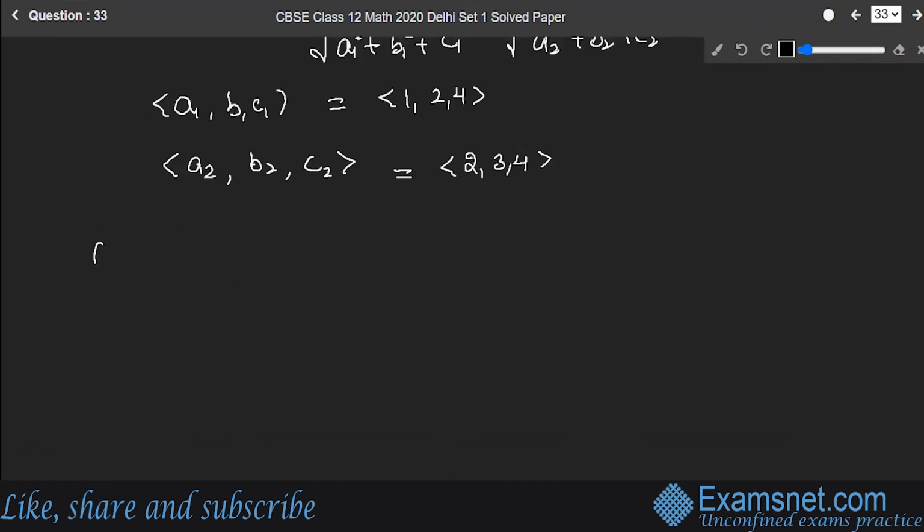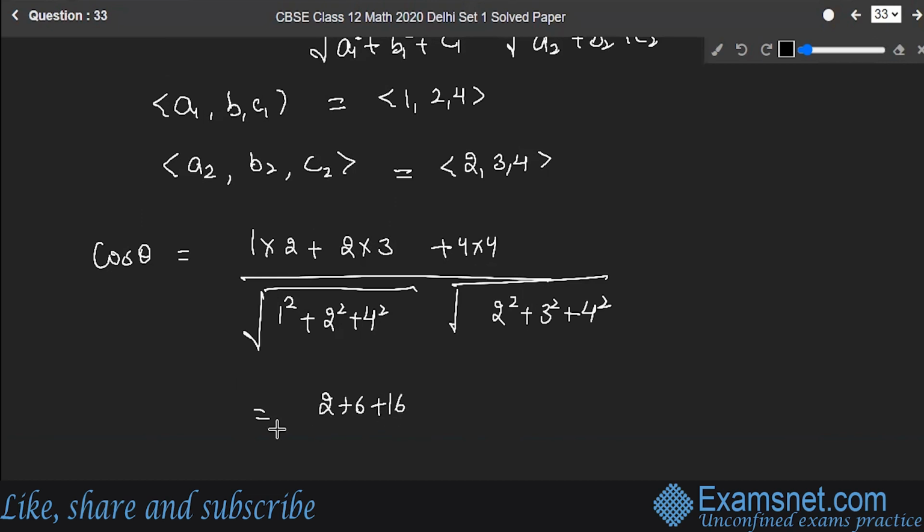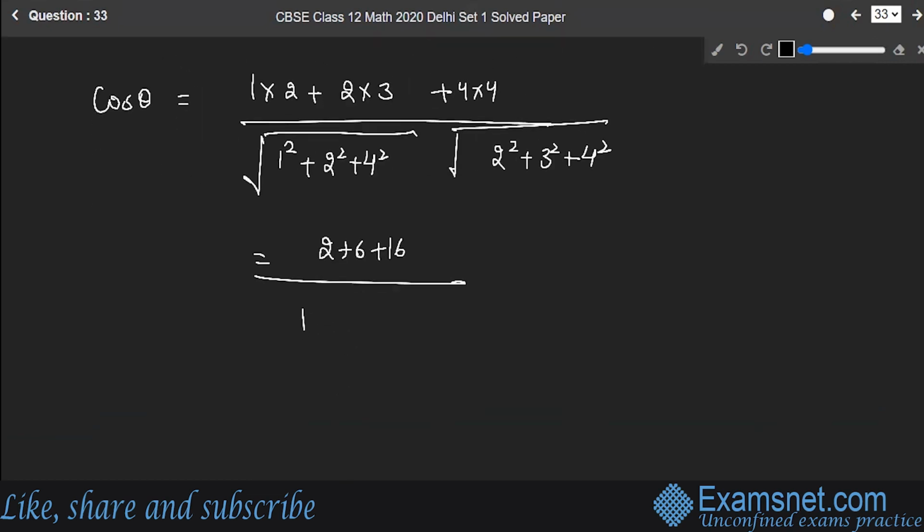That's it. Now cos theta will be equal to (1 into 2, 2 into 3, 4 into 4) whole divided by root of 1 square, 2 square plus 4 square times root of 2 square, 3 square and 4 square, which is equal to (2 plus 6 plus 16) whole divided by root of 1 plus 4 plus 16, this is 21, times root of 4 plus 9 plus 16, which is 29.